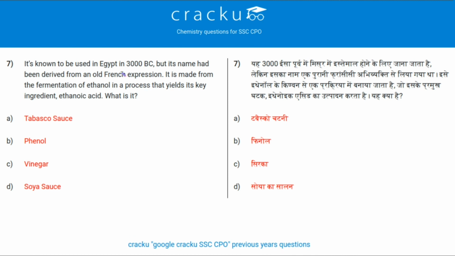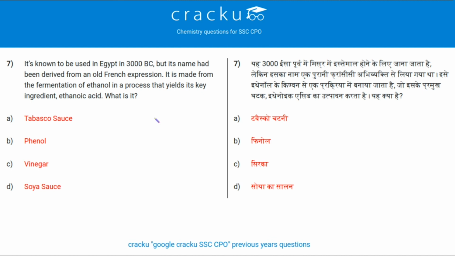It's known to have been used in Egypt in 3000 BC, but its name is derived from an old French expression. It is made from the fermentation of ethanol in a process that yields its key ingredient, ethanoic acid. What is it?